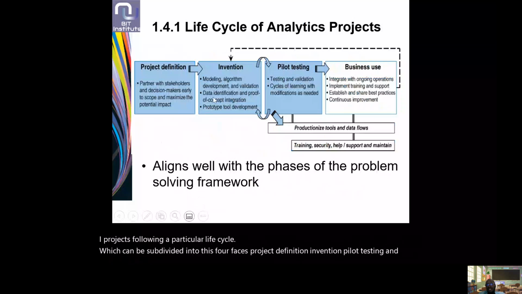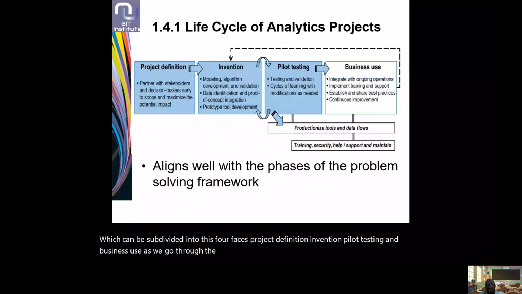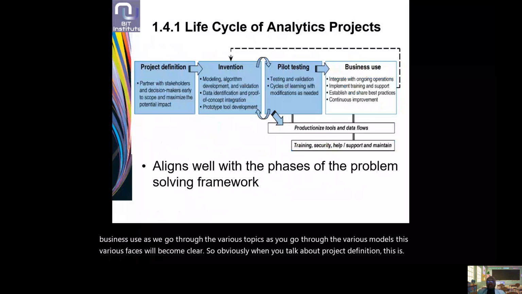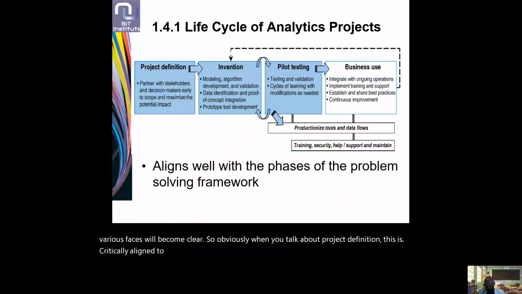As we go through the various modules, these various phases will become clearer. So when you talk about project definition, this is critically aligned to the problem definition phase or problem identification, as well as the formulation of the problem.